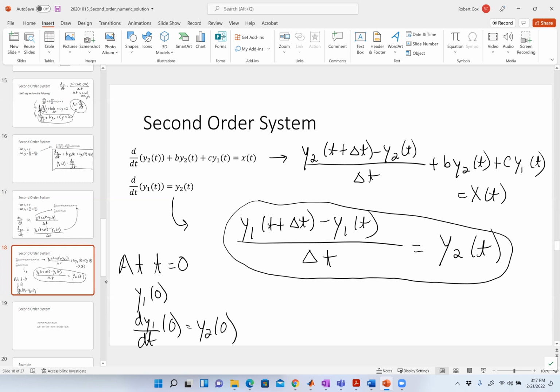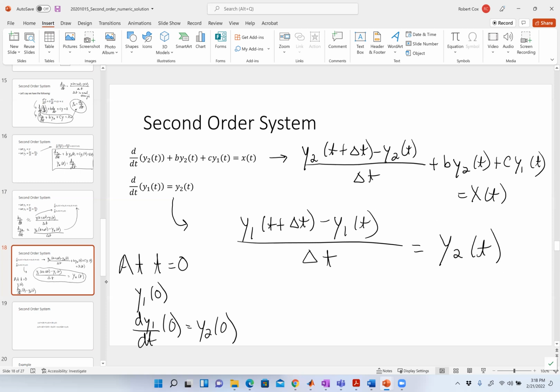So if I know y2 at t equal to 0, and I know y1 at t equal to 0, I choose delta t, so I know what delta t is. What's the only thing left to solve for? Yeah, the value of y1 at delta t. And then I use the value at delta t to solve for the value at 2 delta t. And then I use the value at 2 delta t to solve for the value at 3 delta t.